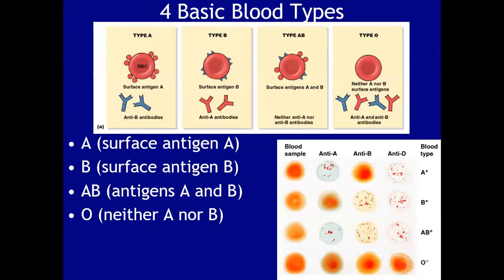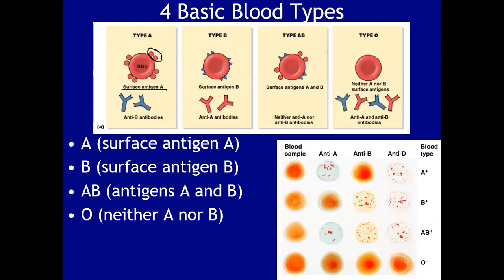So if, let's say, you have these little round red antigens on the outside of your red blood cells, these guys right here, this is the A antigen, okay? That you're a holder of the A antigen.